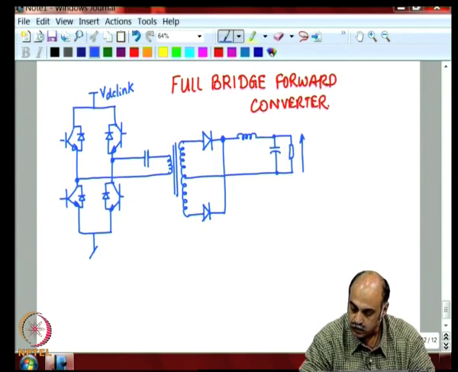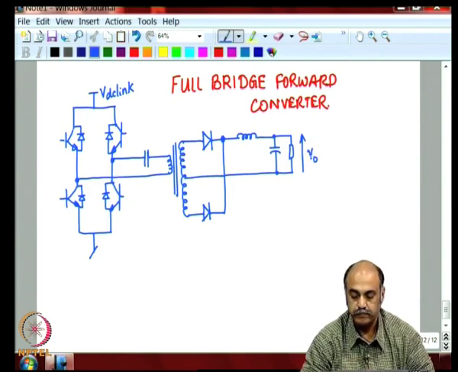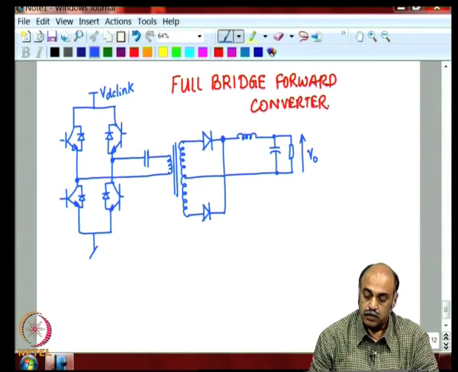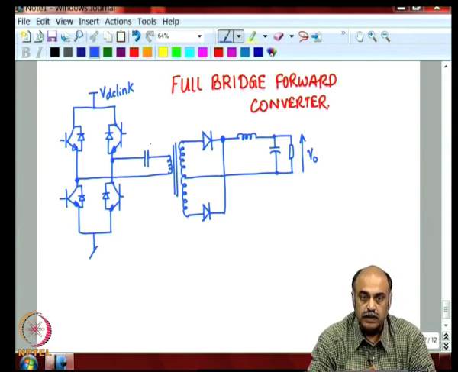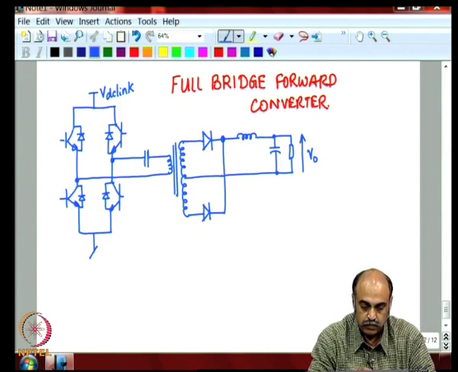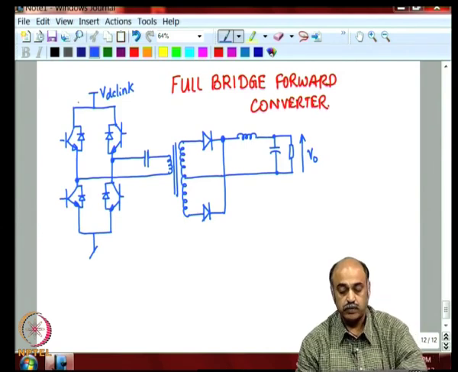And this is V naught. So, this is one secondary, one primary, and power supply, input power supply.